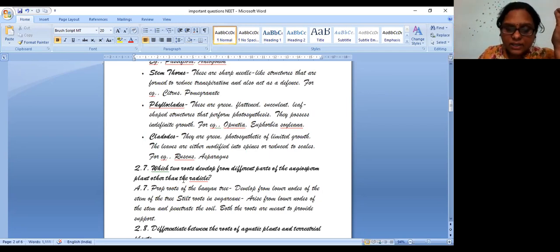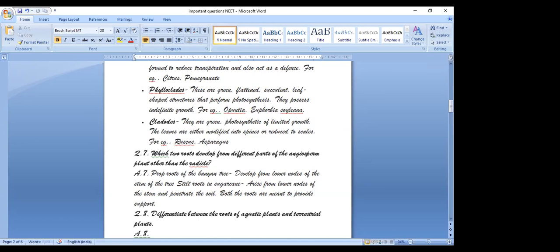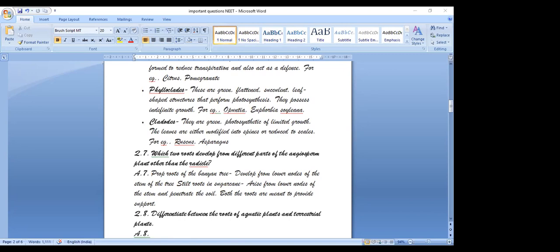So they are saying here which two roots develop from different parts of the angiosperm plant other than the radicle. Just now I told you that the radicle only gives the root system, but they are saying others. Which are the others? This you have studied: prop root, banyan tree. Have you seen that from the branches it was developing downwards? You remember? Prop roots, stilt roots and all, students, you remember from the last class I have taken. They were not coming from the radicle, exactly this diagram.